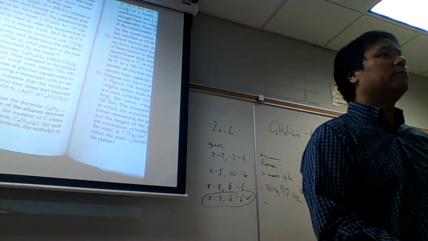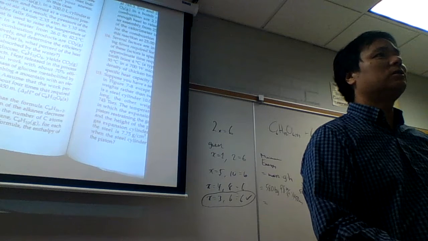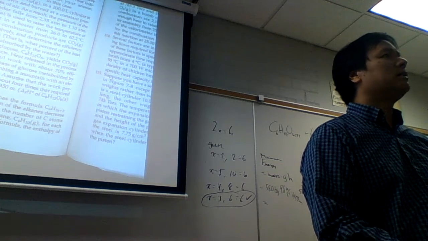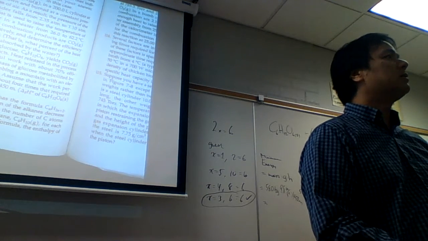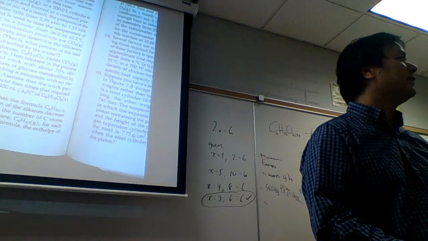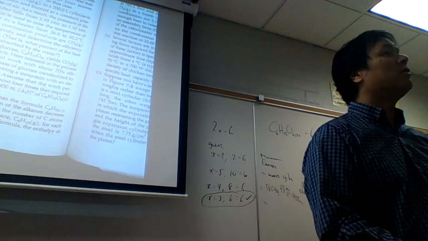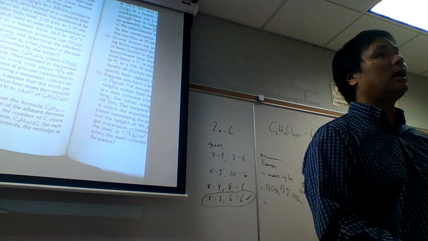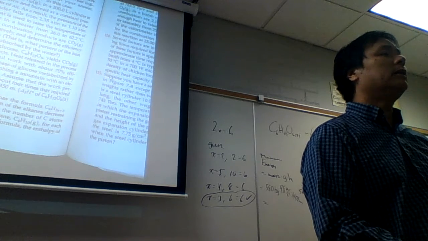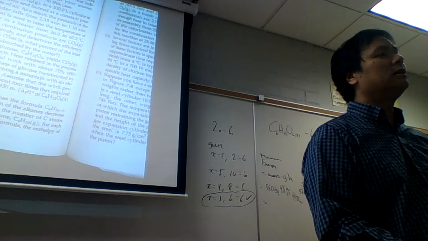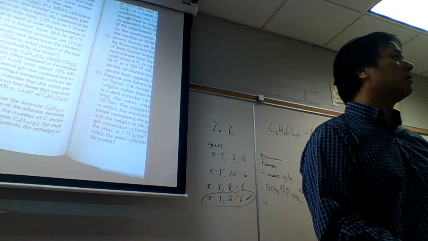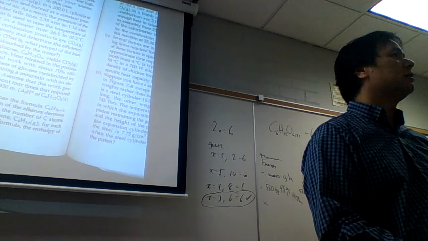And so maybe in this case, you know what I'm going to do? I'm not going to assume ideal behavior. I'm going to assume real gas behavior because I want to minimize the errors in the calculation, and assuming that the gas is behaving ideally is an error. Correct? It's an error.